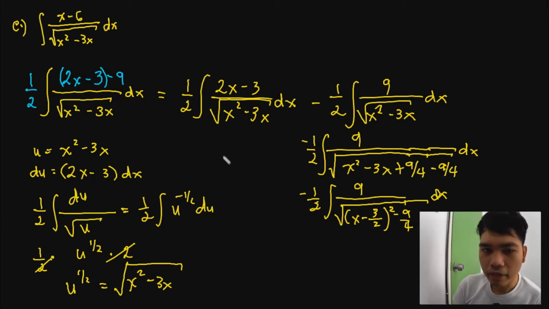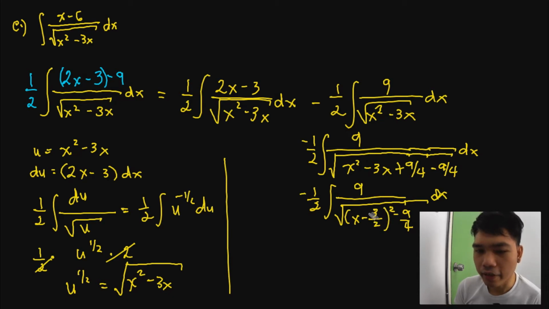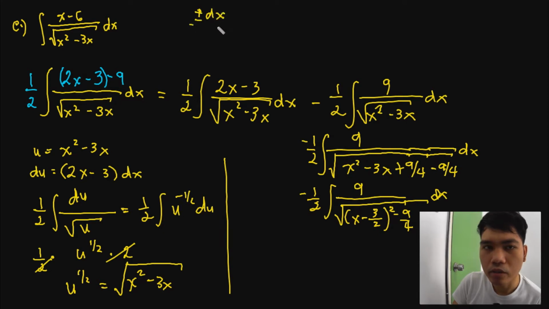Alam naman natin na if we want to integrate this function, there are two ways to solve this, no? Pwede nating i-direct integration to using fitting integrand. Kasi, this one is just an extension of yung ating mga, let's say halimbawa, plus minus dx over square root of x squared minus 1.